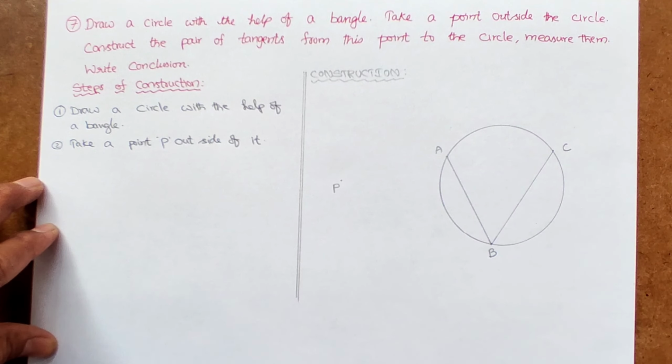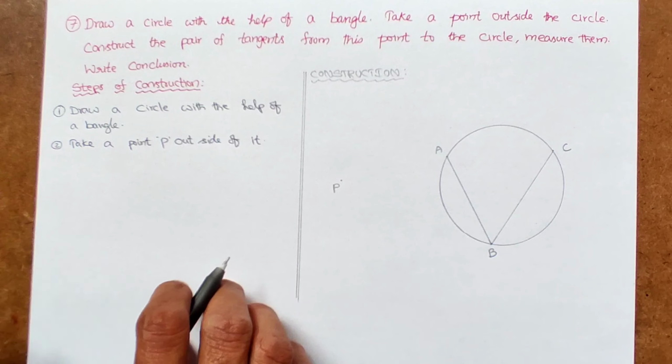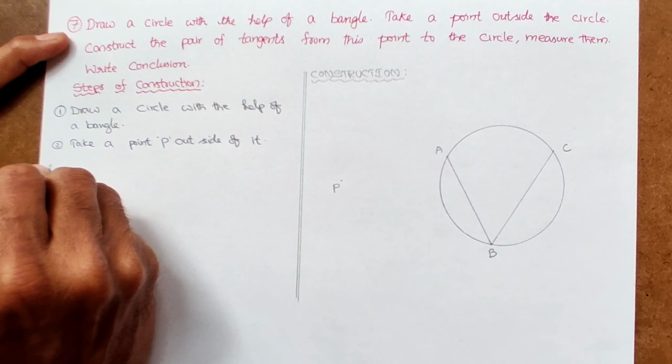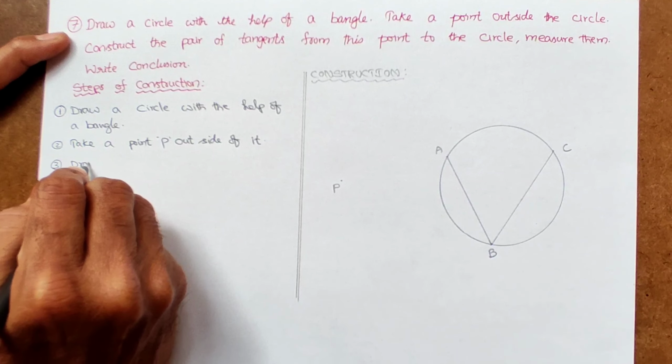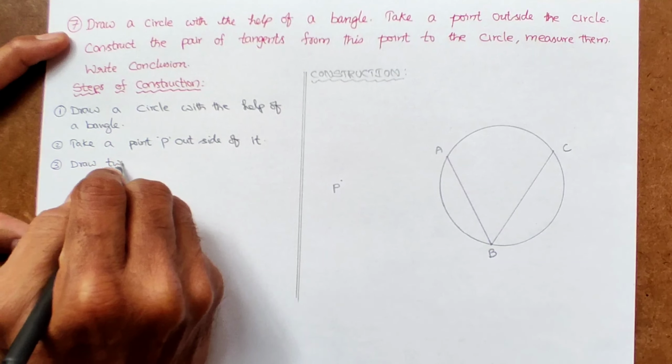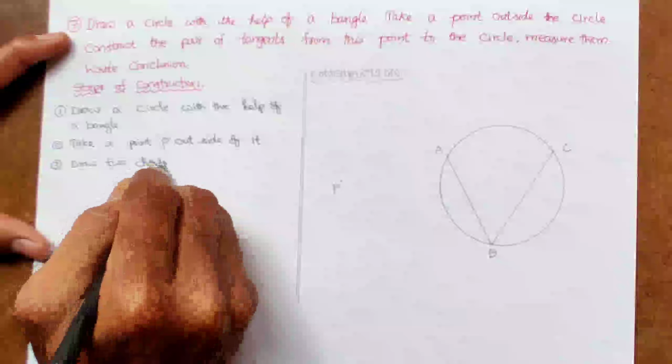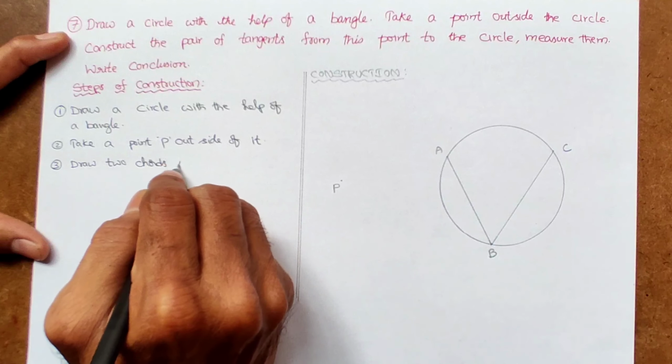So here let us write the same as this step. Draw two chords, namely AB and BC.